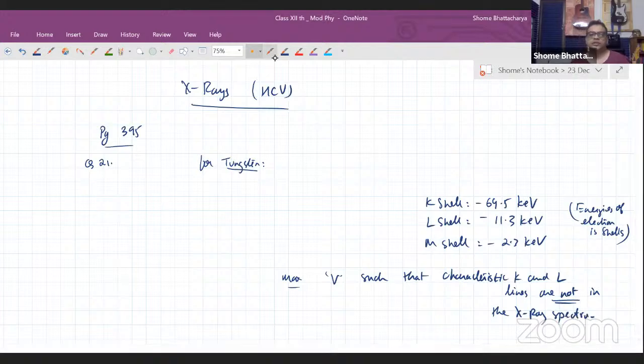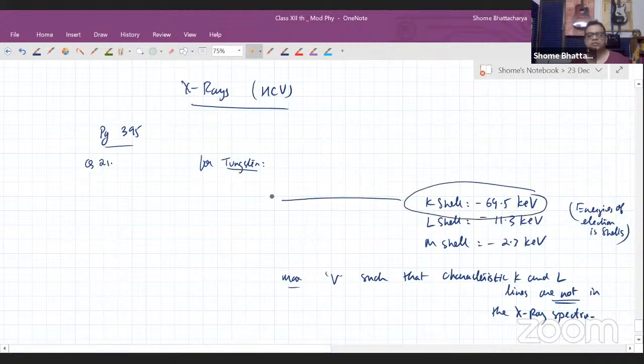Okay, so we know that the K alpha, K beta, etc. series will have energies of 69.5 keV and lower.